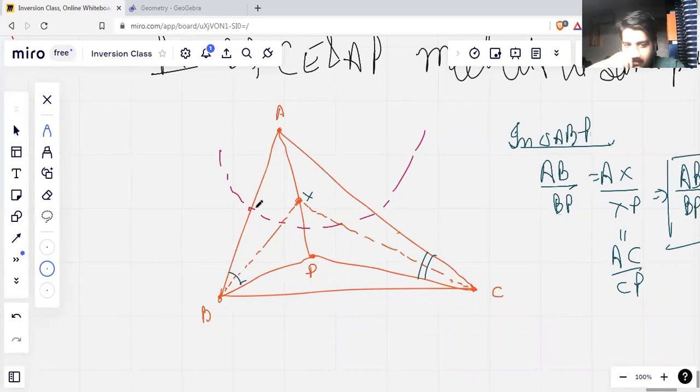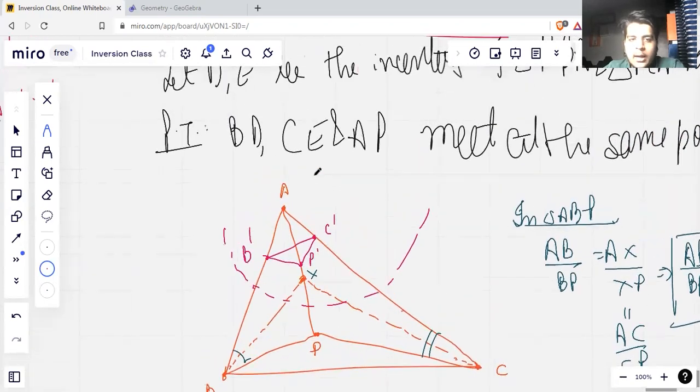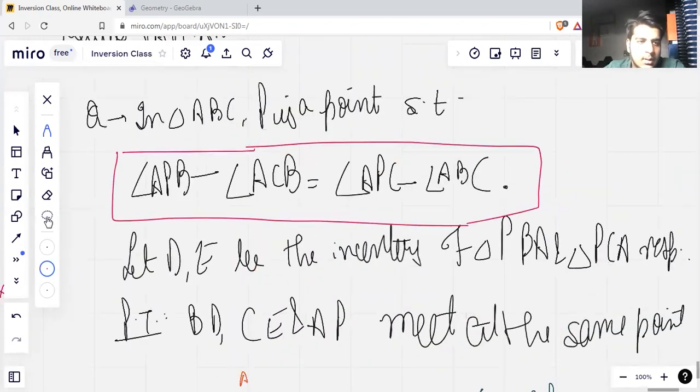Good. So now B goes to some point B dash, C goes to some point C dash, P goes to some point P dash. The angle condition given to us, I'll copy it once.